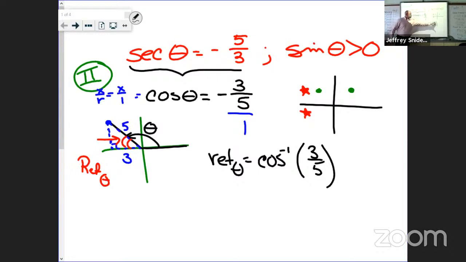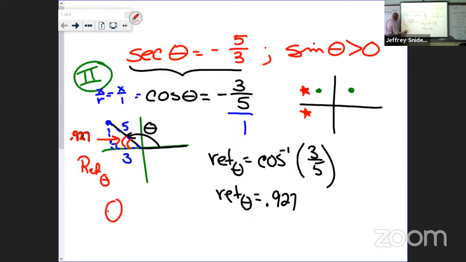Yesterday I told you just ignore the negatives because what you're doing is working with the right triangle. So if you do this, you get that the reference angle of theta is about 0.927. So this angle right here is 0.927. That's the reference angle. So how do I find theta? Theta then is pi minus that.